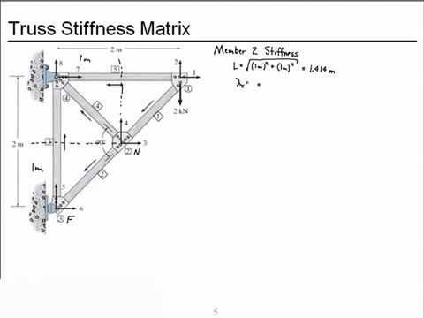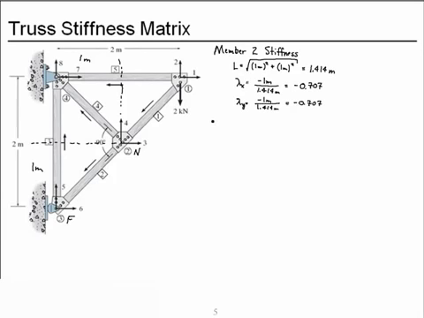Lambda x for this element. The x coordinate changes in a negative way, and so lambda x is a minus 0.707, just as for member 1, and lambda y is also minus 0.707, just as it was before.